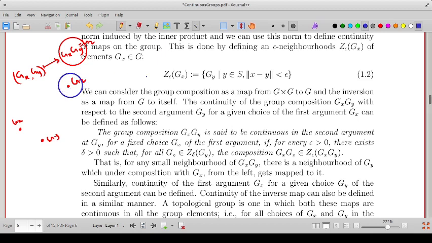So that means the set of elements, the set of group elements gy, such that the distance between y and z is less than epsilon, and that is this neighborhood, which we call Z epsilon of gz. In fact, gz is gx gy. Okay, so this is Z epsilon of gz, which is gx gy.